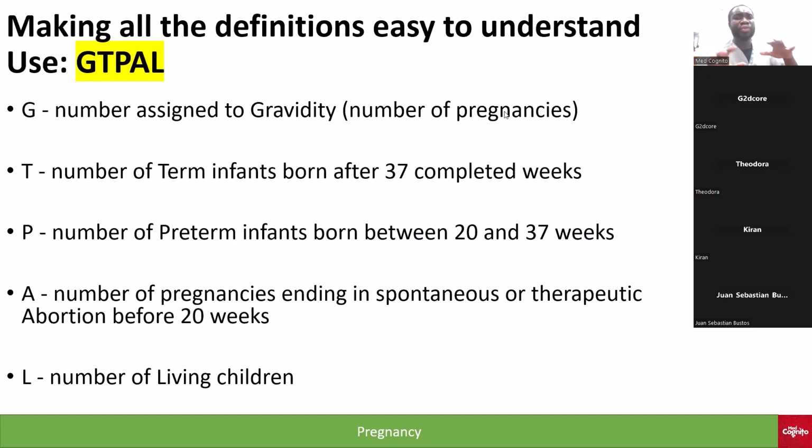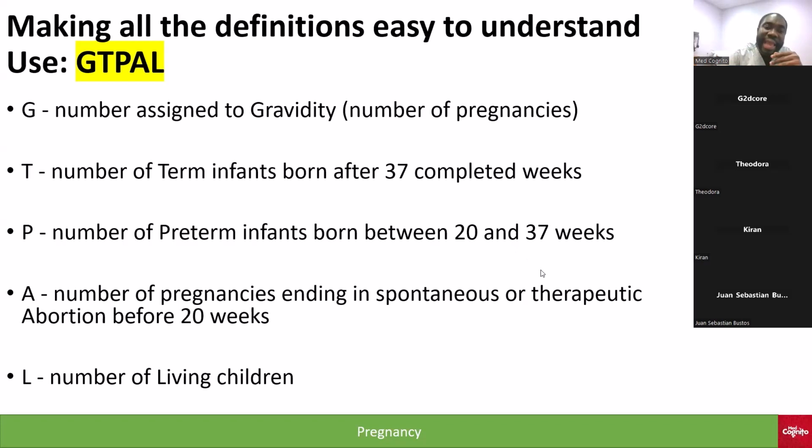Now, in order to be able to understand all these things, you have to use the acronym GTPAL. G stands for the gravidity, the number of pregnancies. The T is the number of term infants who are born after 37 completed weeks. P is the number of preterm infants who are born between 20 and 37 weeks.